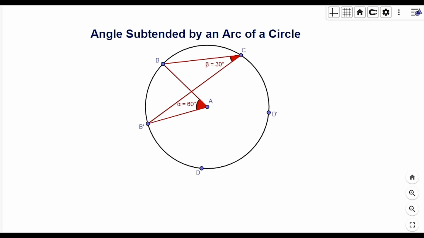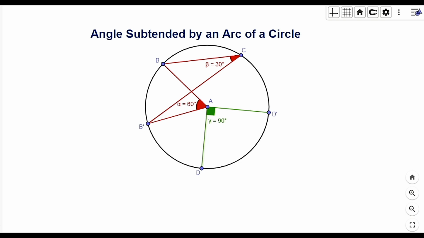So we join AD and AD dash. We measure the angle DAD dash, and we find it is 90 degree.